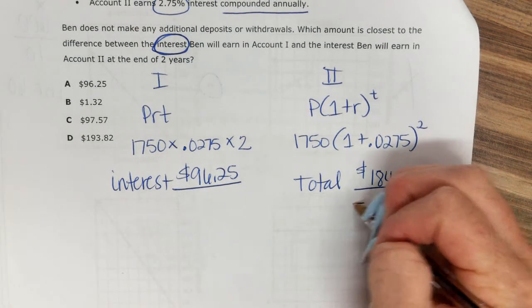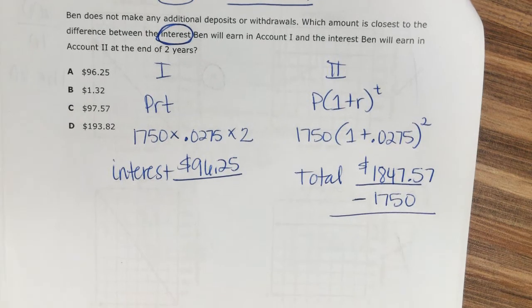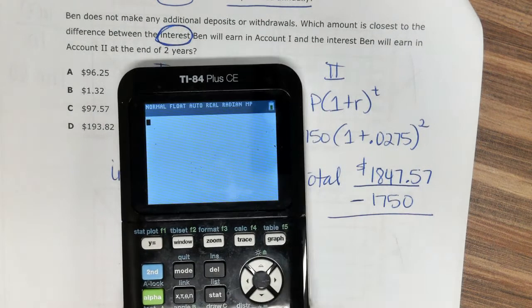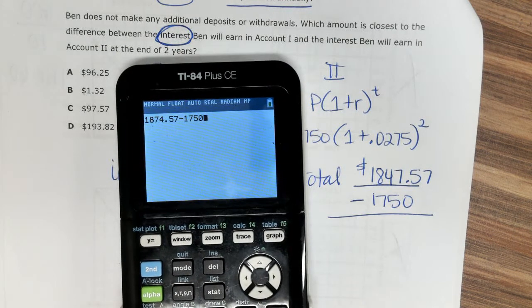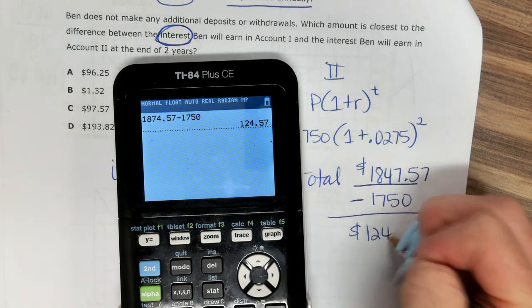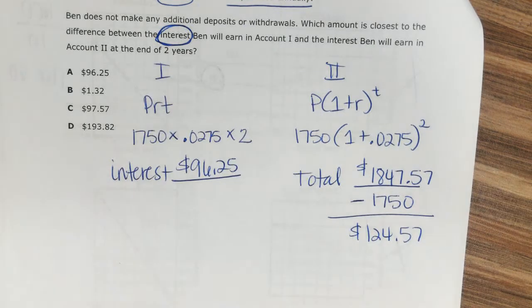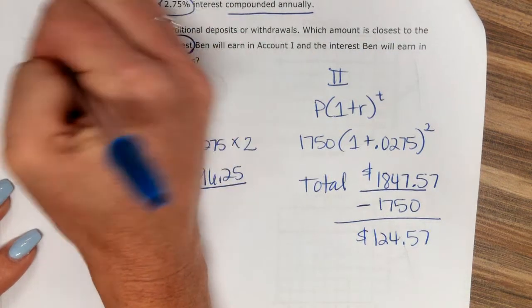Okay, so I'm going to subtract the principal out of it. And that will tell me how much interest I made. So 1847.57 minus 1750. How much interest was made in that account? $124.57. And it wants to know which amount is closest to the difference.